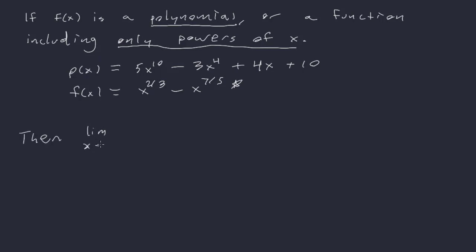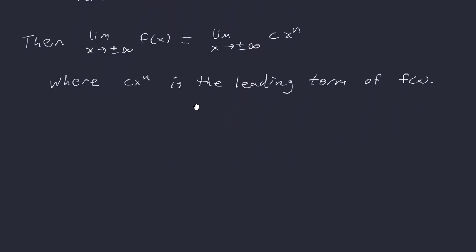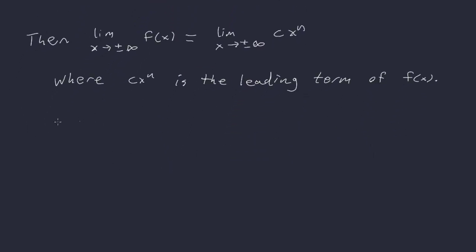But anyway, so if this is the case, then the limit as x goes to plus or minus infinity of f of x is going to essentially be the limit as x goes to plus or minus infinity of some power function, okay? And where this cx to the n is the leading term of f of x. Okay? And then from here, we have some really quick ways that we can determine what's going on.